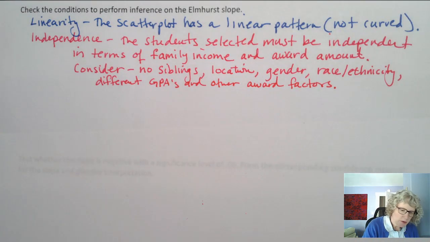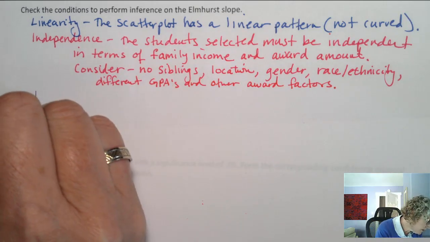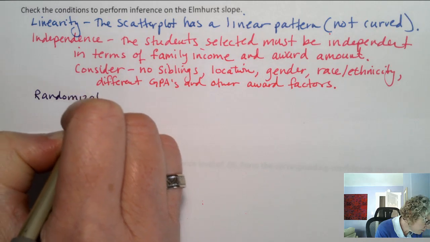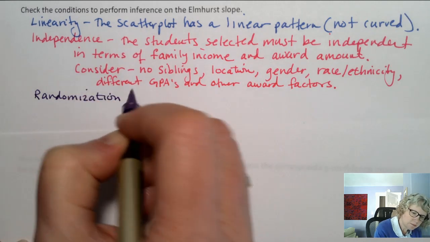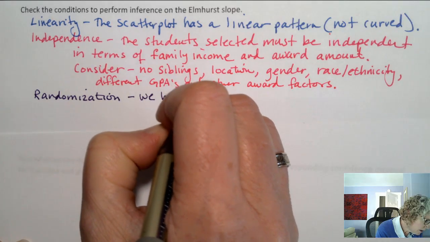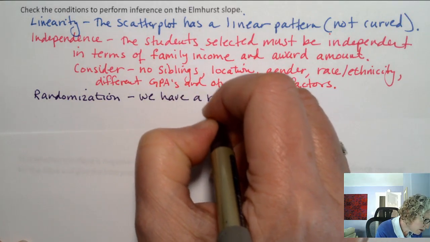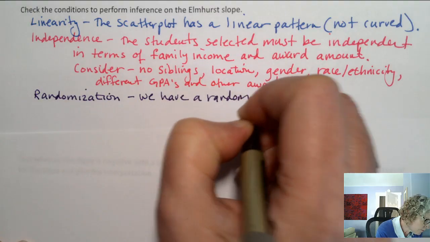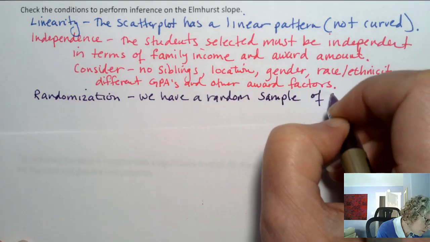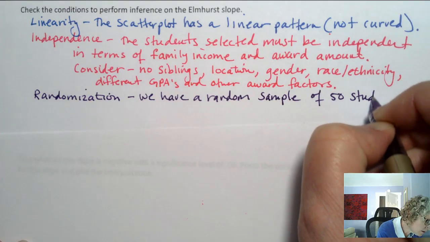Then the next one, randomization. We do have a random sample. We need, but in this case we know we have a random sample of 50 students because I know that.